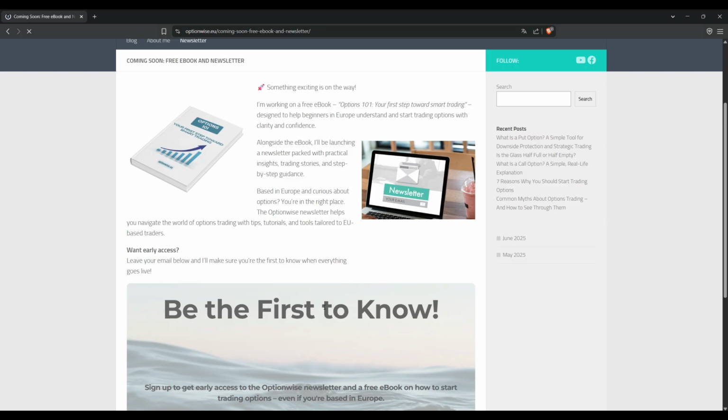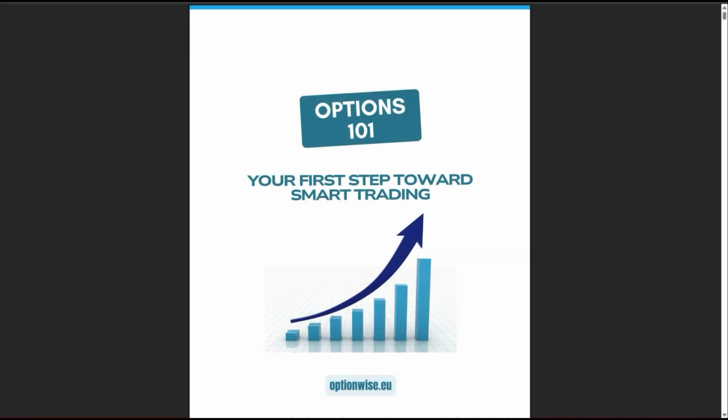By signing up for the newsletter at optionwise.eu, you will receive a free ebook that introduces you to options trading, explains the basic concepts and includes a simple strategy to test on a demo account along with a simple trading journal template.